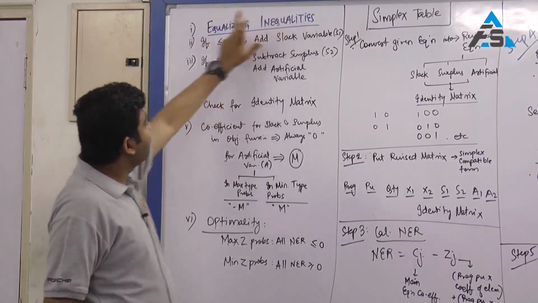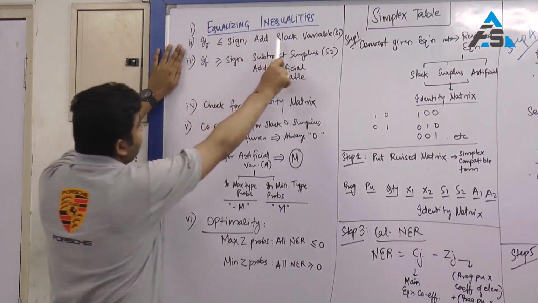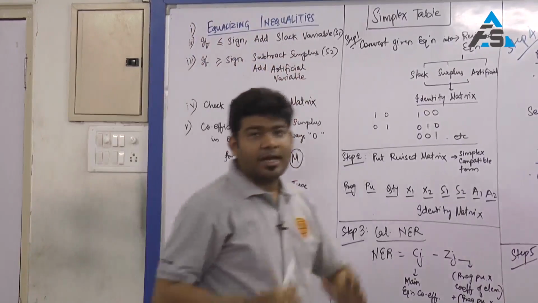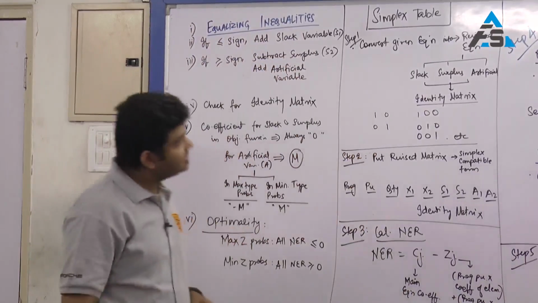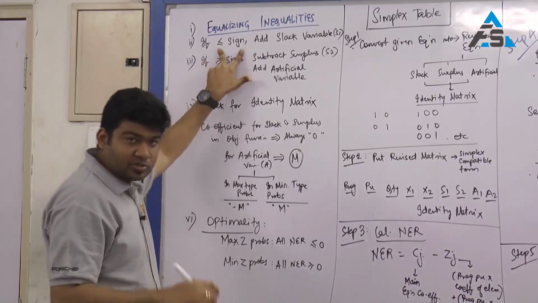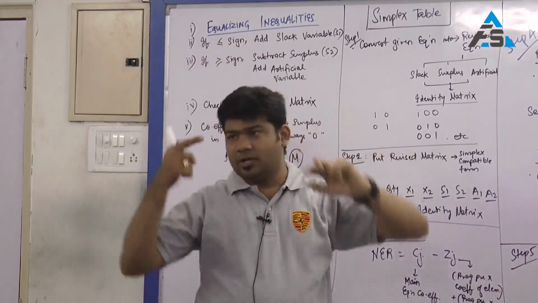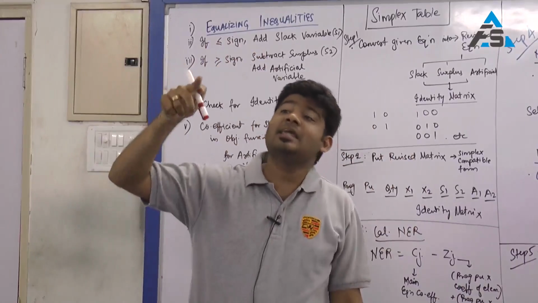For equalizing the inequalities, there can be two things. If there is a less than or equal to sign, then add a slack variable. 8x1 plus 7x2 less than or equal to 8. So there is a number which is less than or equal to 8. It is not an equal to problem, the problem is less than 8.